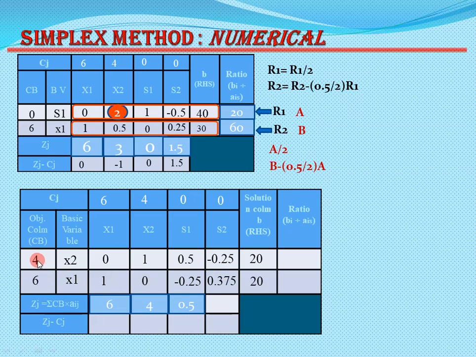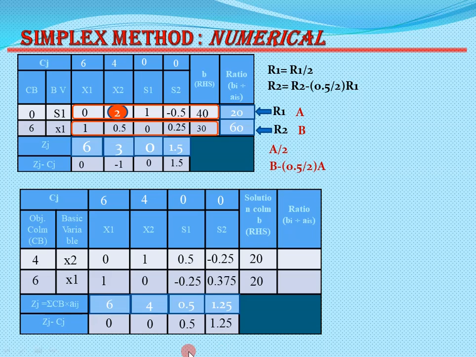For next value, 4 into minus 0.25 plus 6 into 0.375 will be 1.25. Now Zj minus Cj: 6 minus 6, 0; 4 minus 4, 0; 0.5 minus 0, 0.5; 1.25 minus 0, 1.25.